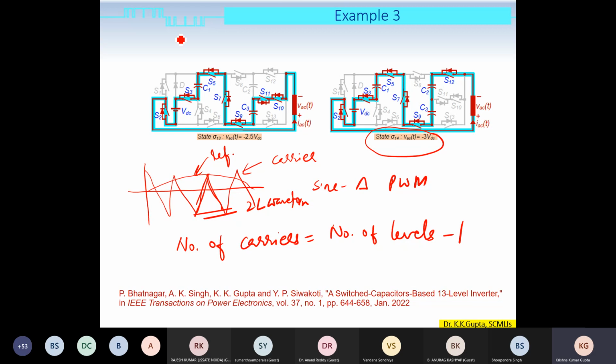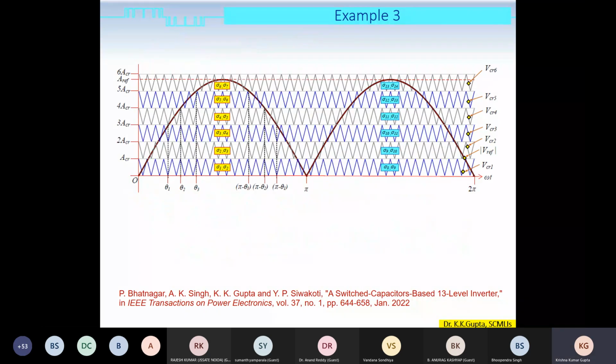Now here, we are targeting 13 levels, so normally we will need 12 carrier waveforms. 12 is a very large number, right? The modulation scheme that we are discussing here requires only half of it. You need only 6 carriers here.